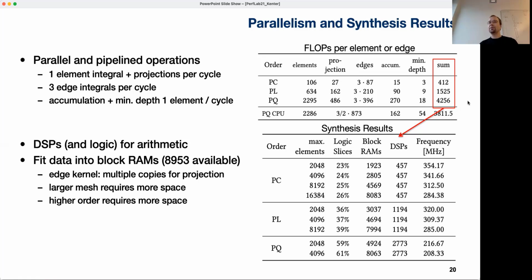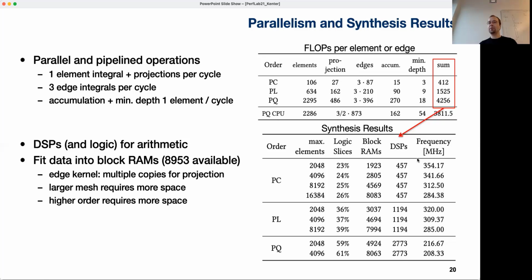And one interesting note is here, looking at the piecewise quadratic design, we actually map these more than 4,000 operations to less than 3,000 DSPs. That's due to the multiply accumulate capability of the DSPs, which is more efficiently exploited in the piecewise quadratic design with more work to do per element or per edge.